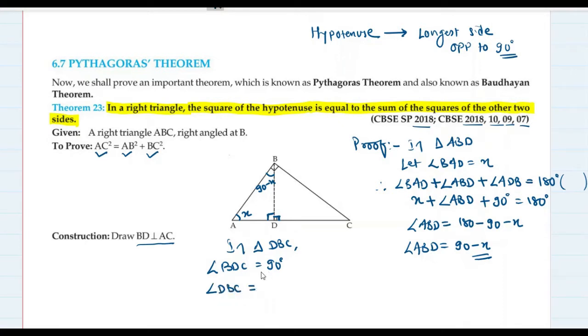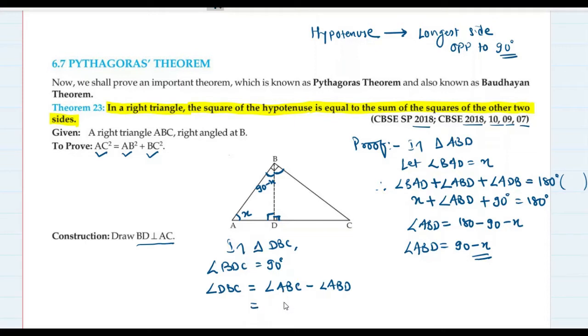Listen to me very carefully. Angle DBC. I'm talking about this angle. Angle DBC is equal to angle ABC minus angle ABD. From the whole angle ABC, if you subtract this small part, angle ABD, you will get angle DBC. Do you know how much is angle ABC?